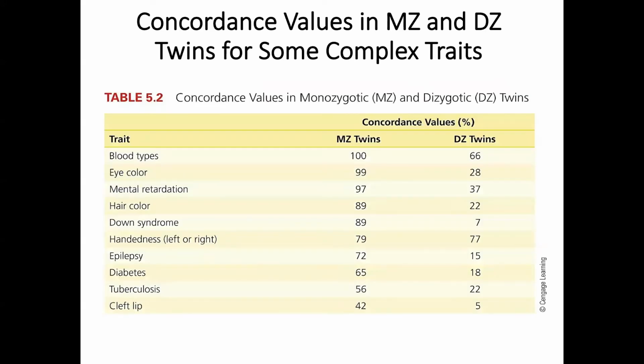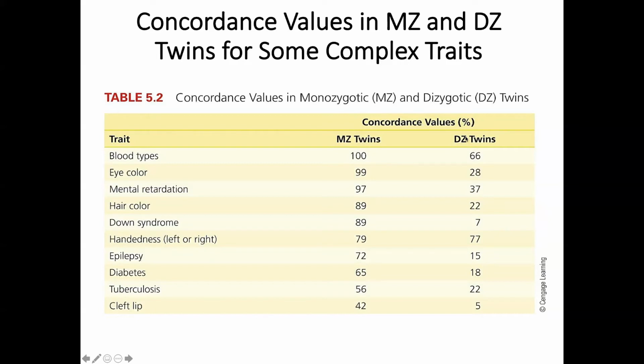This table shows concordance values in monozygotic and dizygotic twins. For a trait controlled completely by genetics, the concordance rate should be 1.0 for monozygotic twins and 0.5 for dizygotic twins.